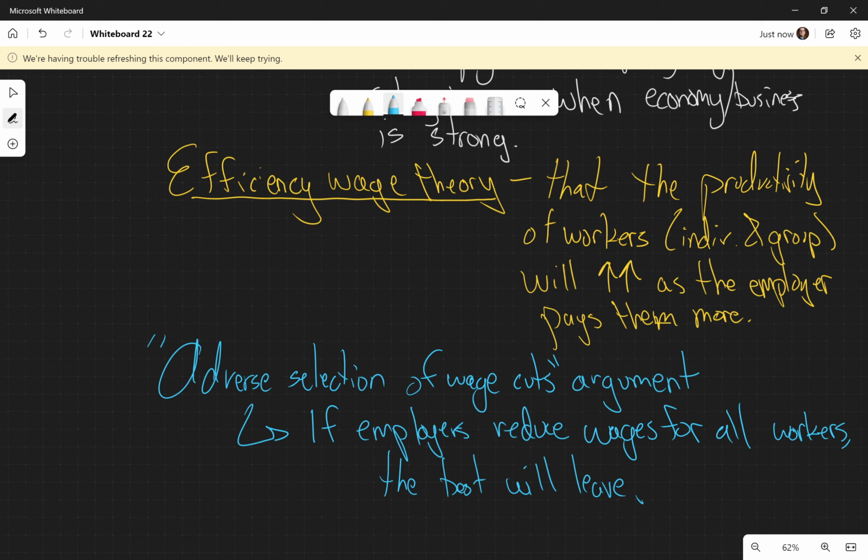When you do these wage cuts, it's not that you get a uniform elimination. It's that when you do across the board wage cuts, the people who are the best or the most productive are the people that are going to leave, because those are the people that it's going to be easiest to leave. If that kind of makes sense. So there's some adverse selection there.